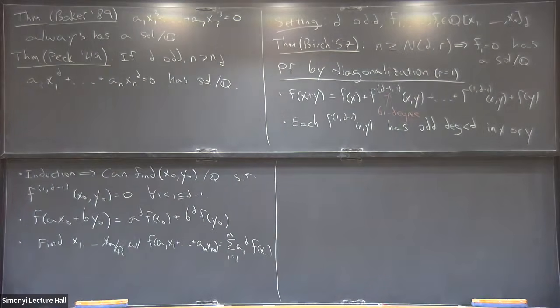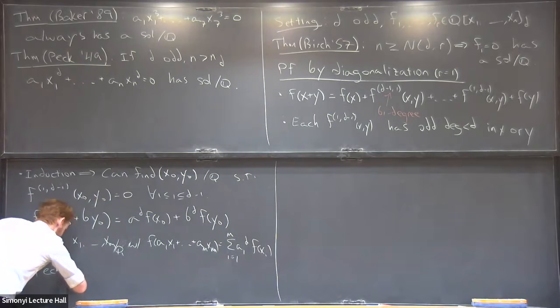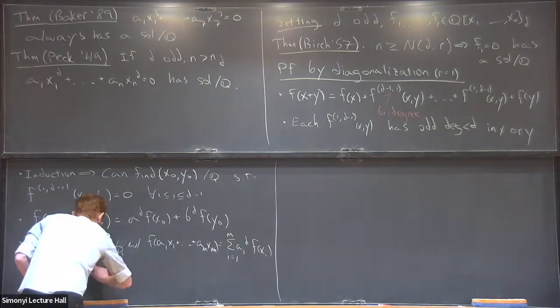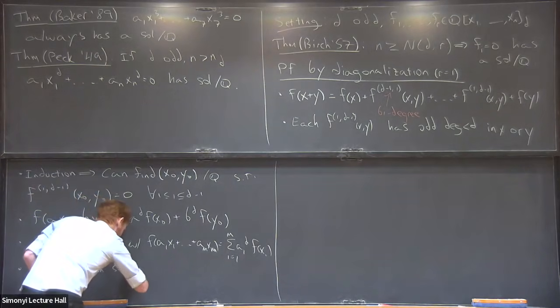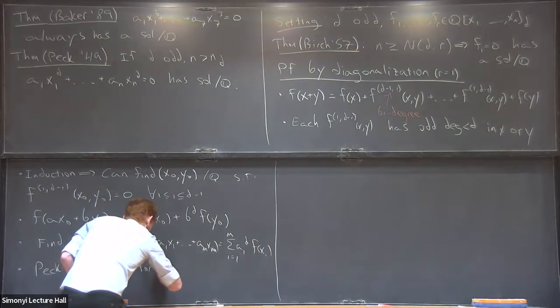And now we want to solve for the a_i, and that we can do by Peck's theorem. So Peck implies you can solve for a_i once m is large enough.